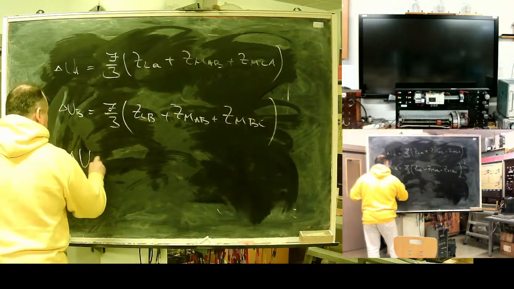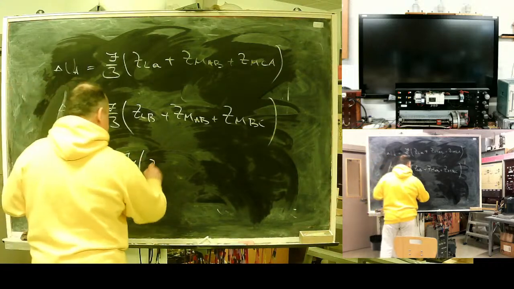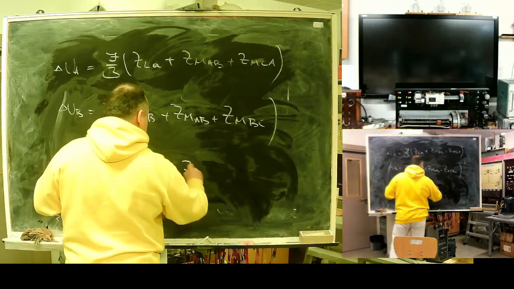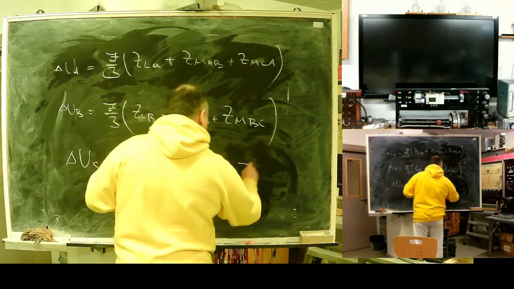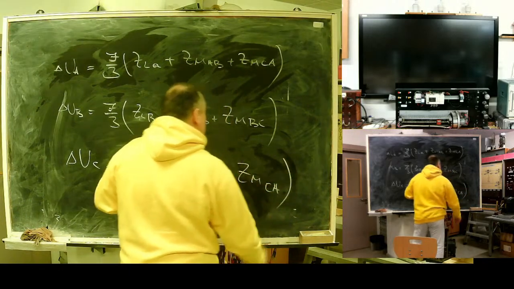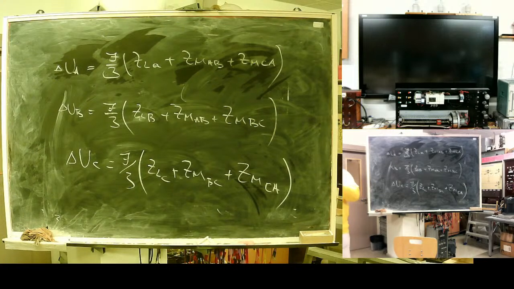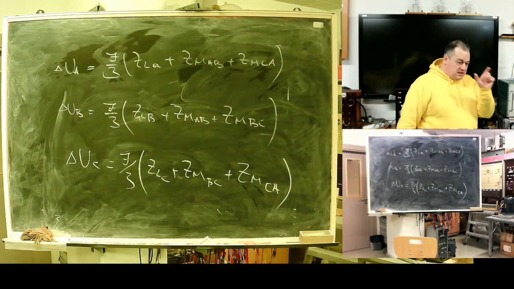And for C phase, I will have 1/3 of current, self-resistance of C phase plus mutual BC plus CA. Here is my set of voltage drops. It's within one distance of transposition.